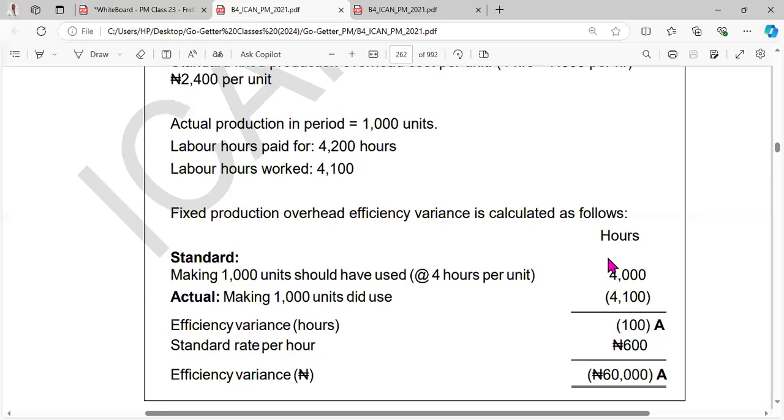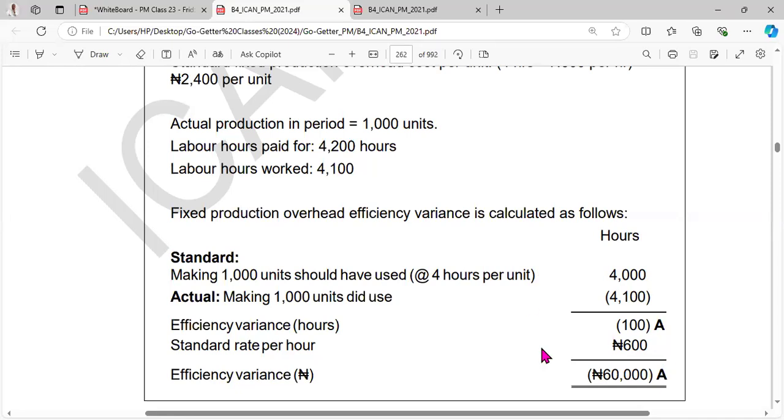So your standard is less than your actual, which means you worked more hours than what was given to you. So that means your 100 difference is adverse because you used more hours than expected.